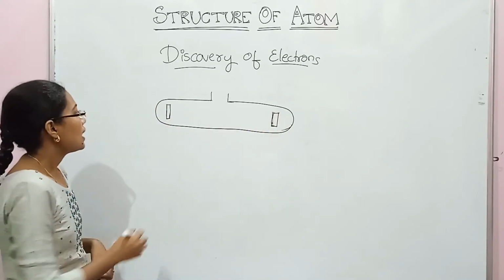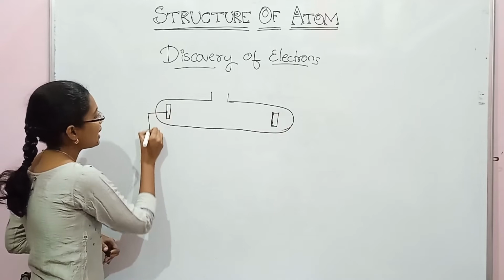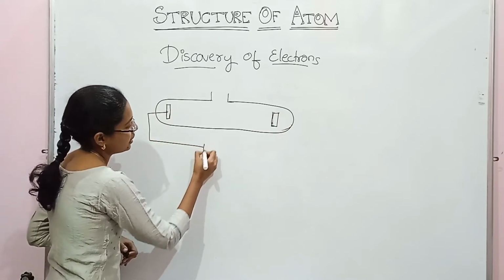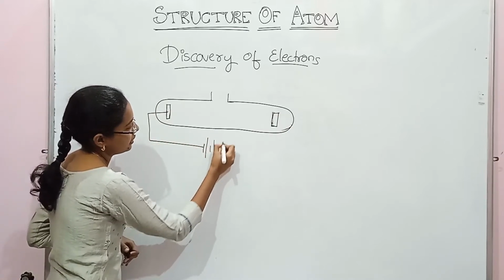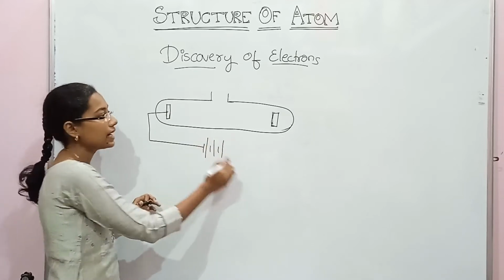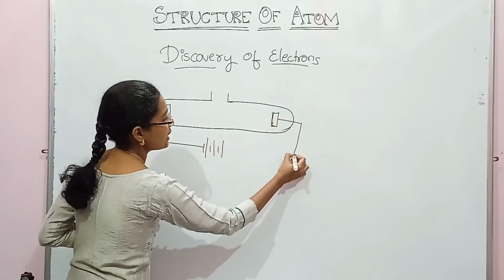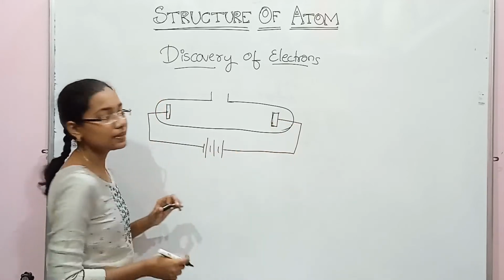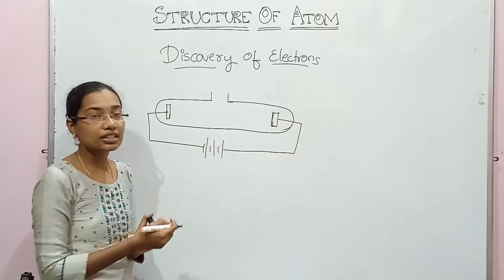This metal plate is attached to the negative end of the battery, and this plate is attached to the positive terminal of the battery.